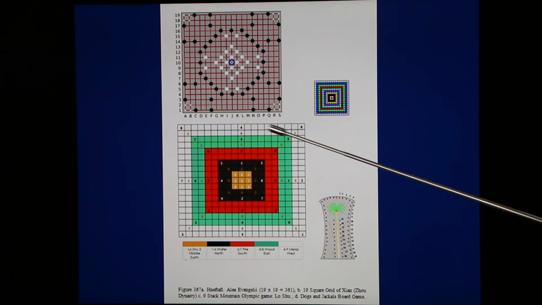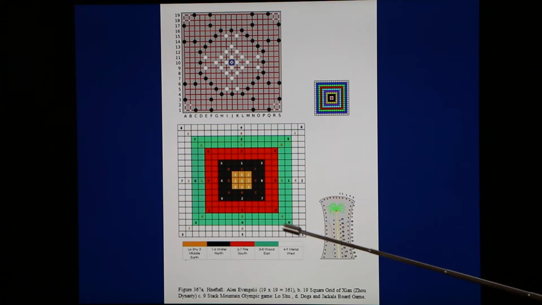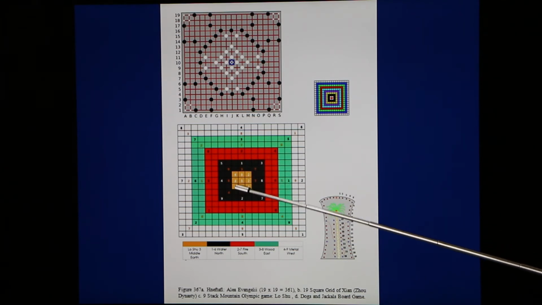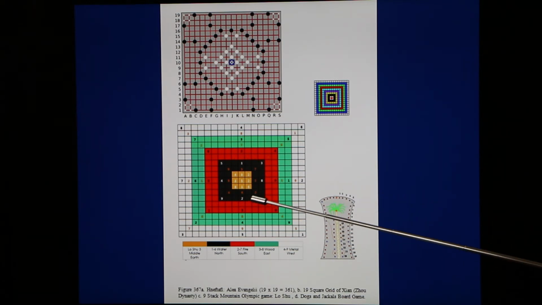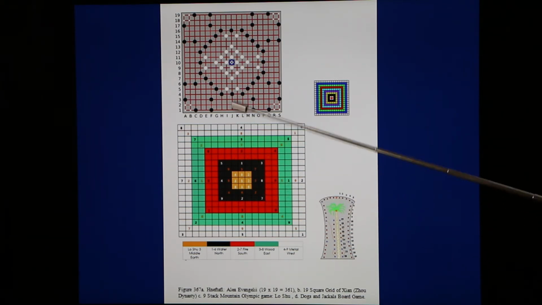And here is an extraordinary thing called the square grid of Xian, from the Zhou dynasty. If you look closely, 492, 357, 819. This is your magic square, yes? But then this is a magic square that expands incredibly.